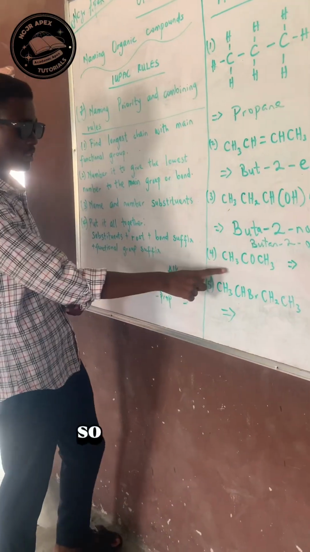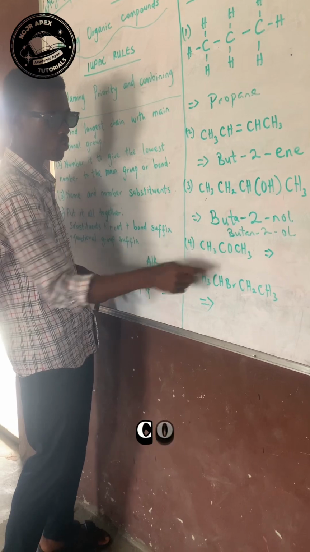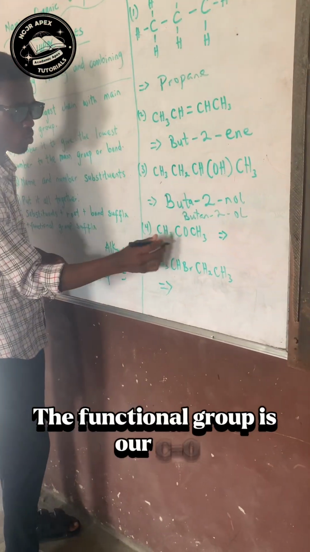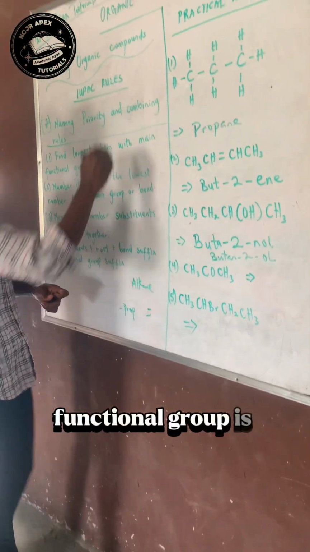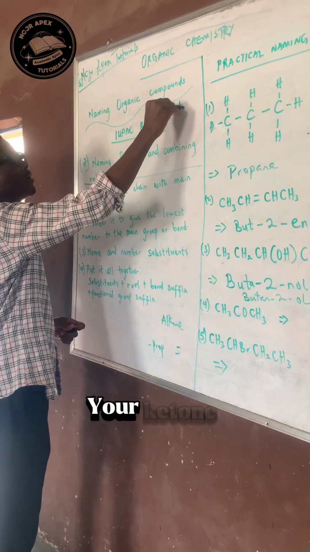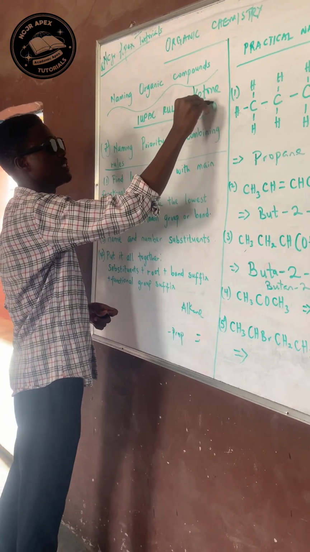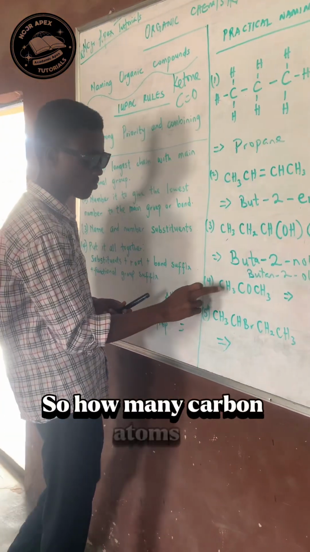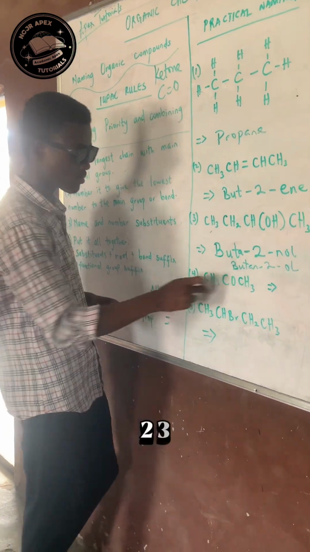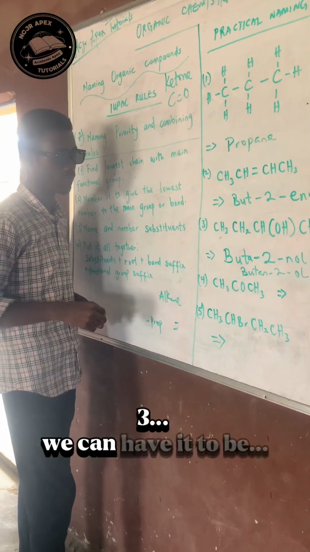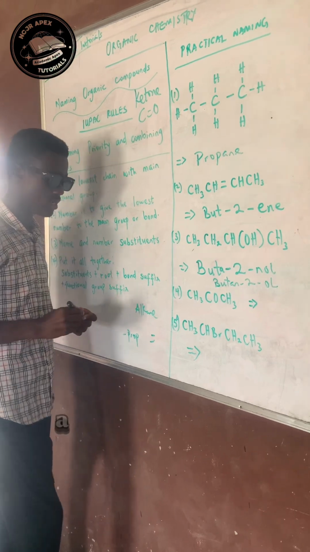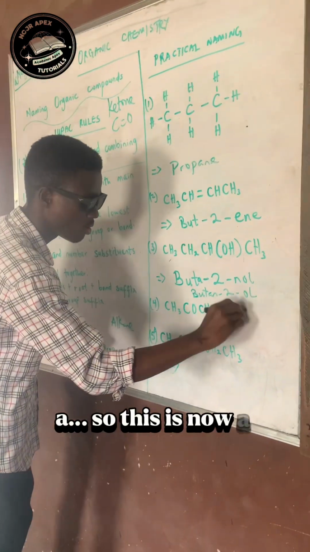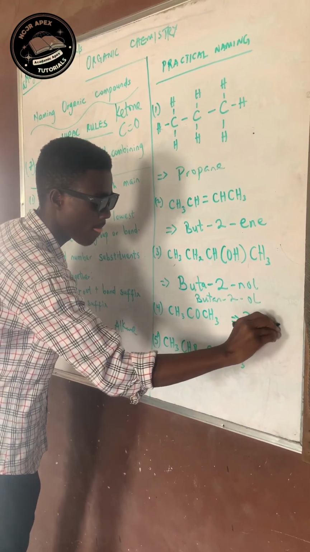Butanol. So next is CH3COCH3. The functional group is CO, and the CO functional group is your ketone. This is your ketone. How many carbon atoms? 1, 2, 3. So this is now a propanone.